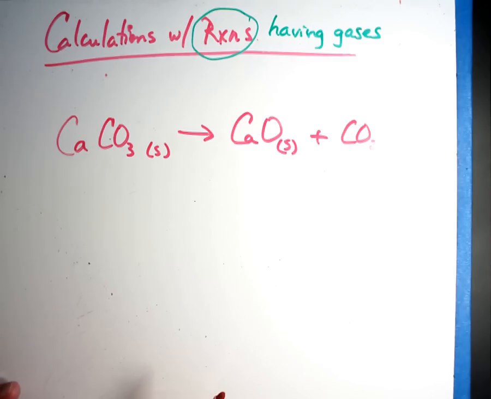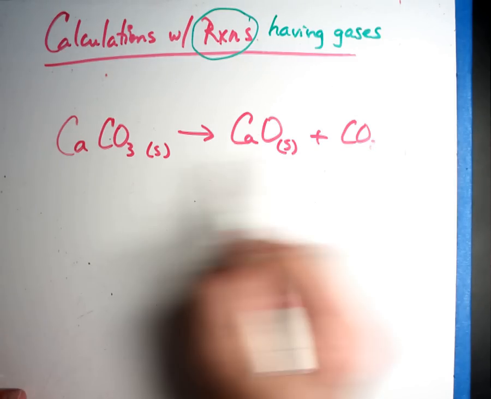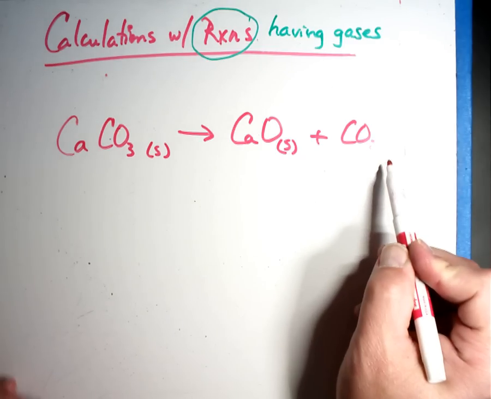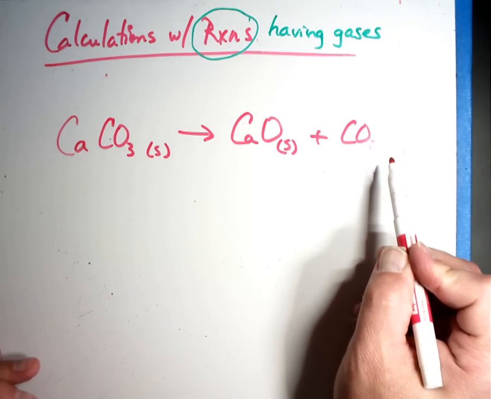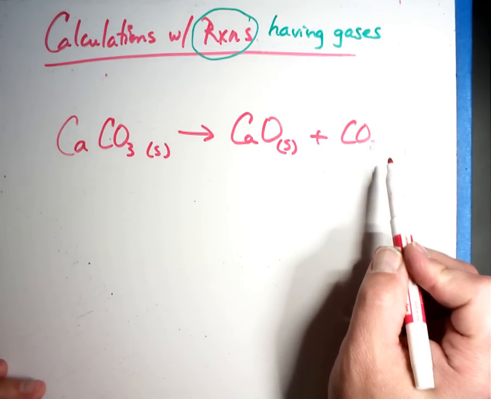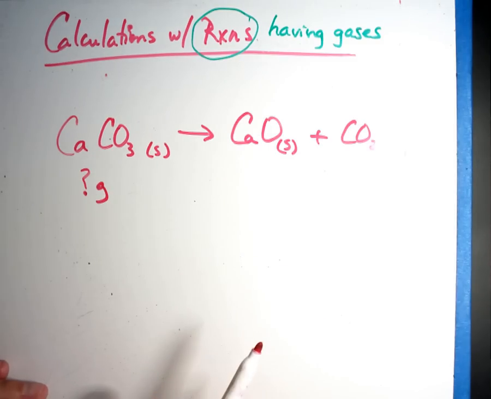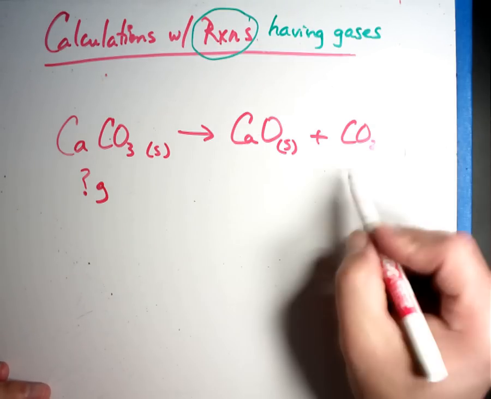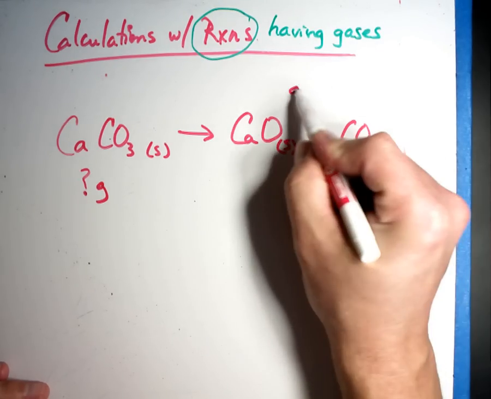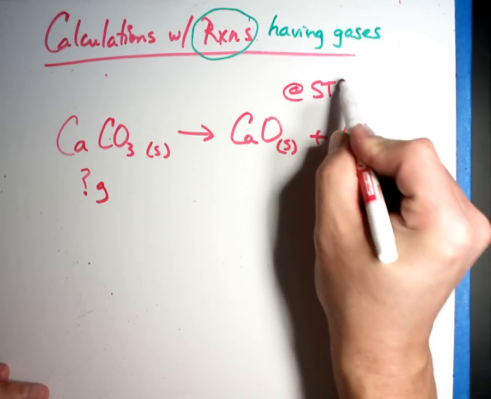All right, now some things that should jump out at you. Solid, solid, gas. As you read through it, it wants to know how many grams of calcium carbonate must be decomposed to produce 5 liters of carbon dioxide at STP.